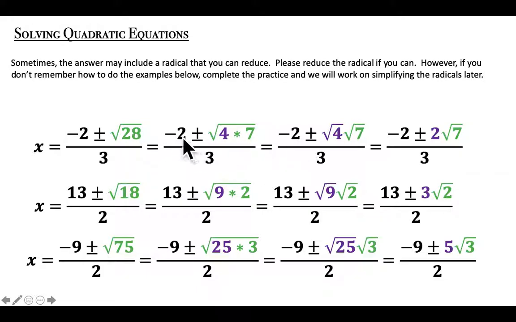So if I reduce the square root of 28, that reduces to 2 times the square root of 7. So if I get this sort of an answer, then you need to go through the process of simplifying this radical so that then your final answer would become negative 2 plus or minus 2 times the square root of 7, all divided by 3.